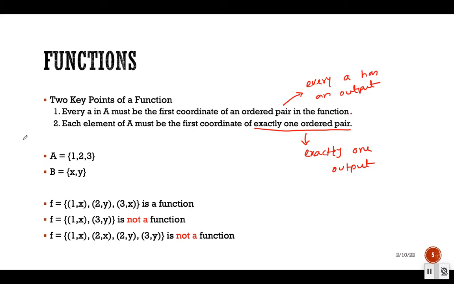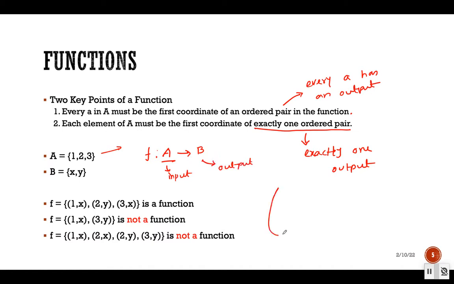Okay, so let's see an example. I have a set A, 1, 2, 3, and B, x and y. We are going to find a function which will map A to B. That's my input set and that's my output set.